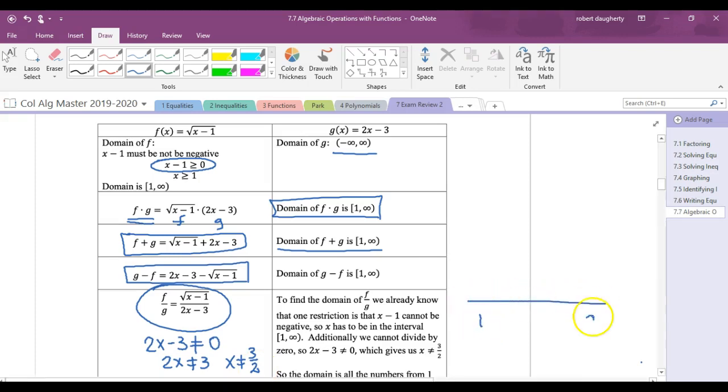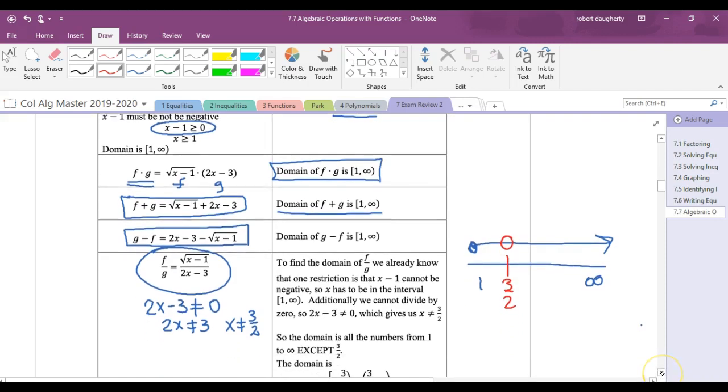That was my domain. But now I just found out that x cannot be 3 halves. Okay, that cannot be part of my solution. So that tells me that the domain of this function has to be from 1 to 3 halves, or from 3 halves to infinity.